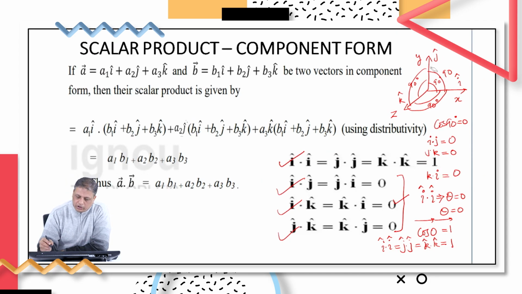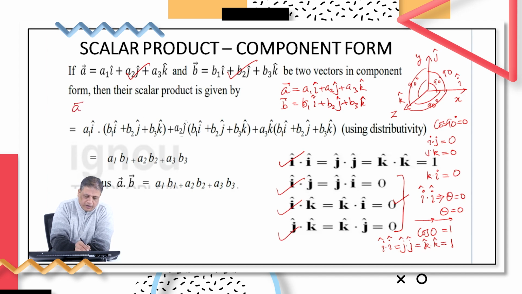We learned about the component forms of vectors, and that a vector in component form can be expressed as a1 i plus a2 j plus a3 k. Similarly, the b vector can be expressed as b1 i plus b2 j plus b3 k, which is shown over here. Then the dot product a vector dot b vector is explained by this expression.